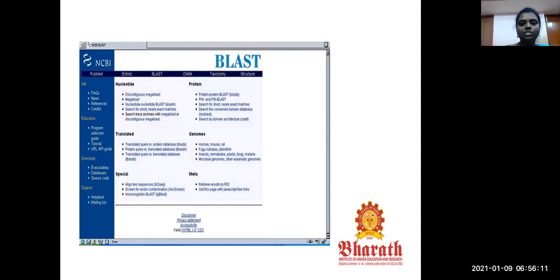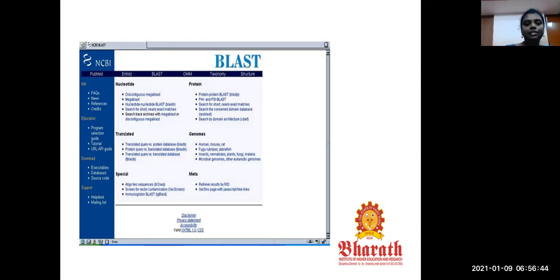If you go to the search domain and enter the protein sequence, you can get all the related protein, gene combinations and genomes, like whether it belongs to human, mouse, or rat. So all those families we can identify, not only for humans but also for species like microorganisms.